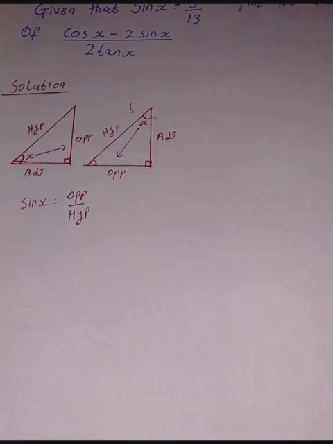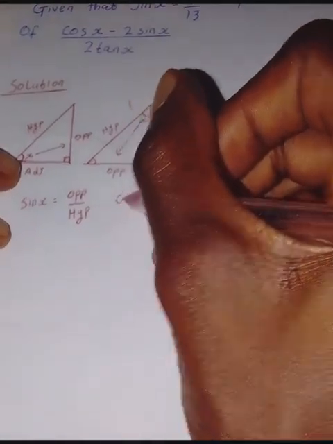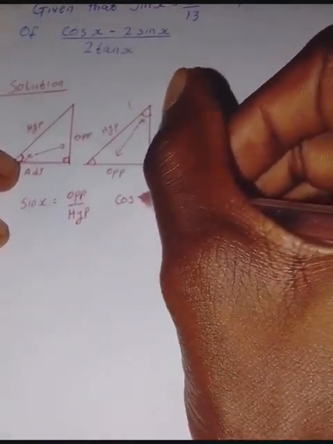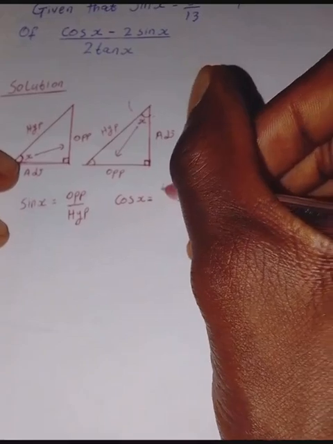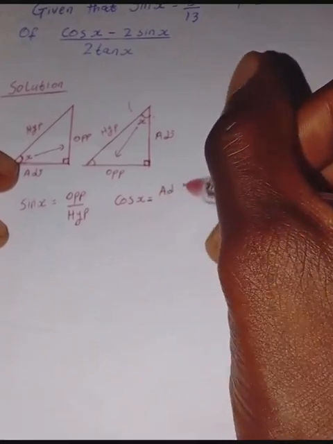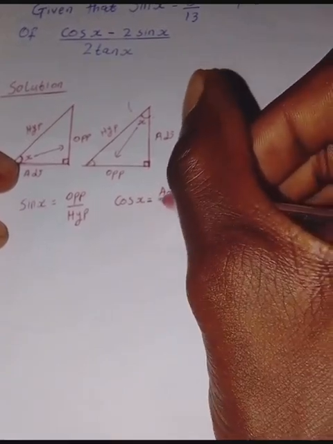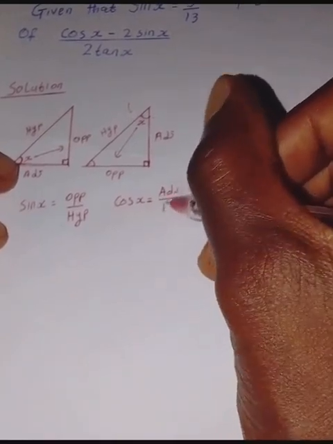And when we have cos x, cos x simply means adjacent, which I shorten as ADJ, adjacent over hypotenuse.